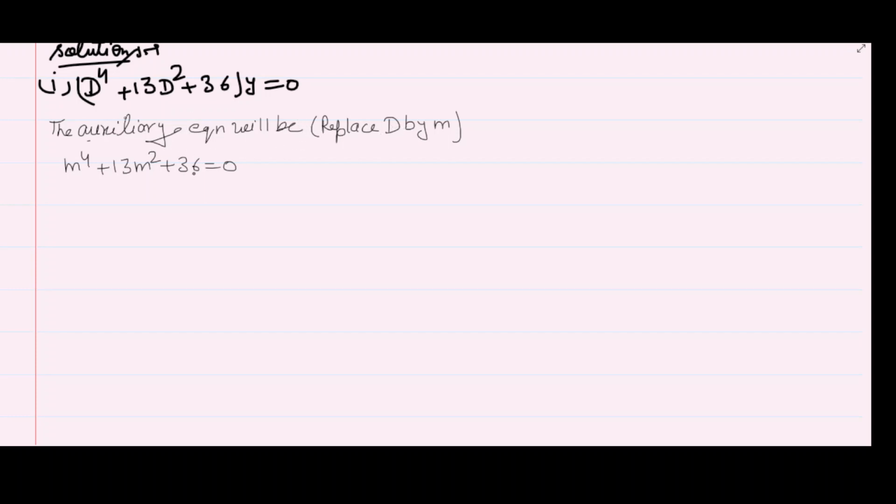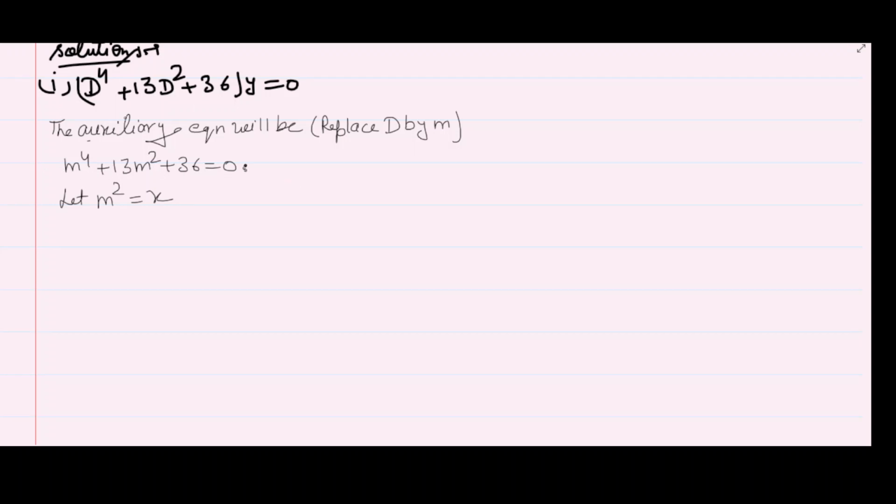If you don't replace D by m in AKTU examination, the invigilator will cut off your marks and he can give you a 0. Now our main target is to solve this particular equation. In order to solve this particular equation, you have to consider let m square equal to x, right?